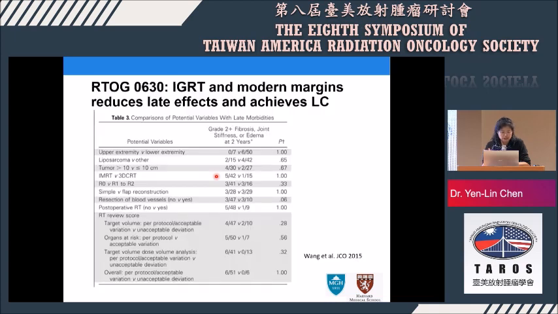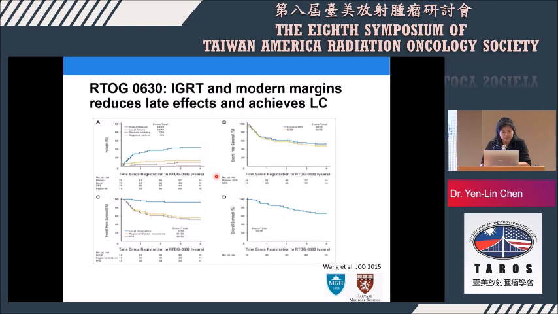Basically with IGRT and these modern margins, the late effects are reduced compared to the earlier era with these 5 to 9 cm or even whole musculoskeletal compartment volumes that were used in the early days of pre-op radiation.